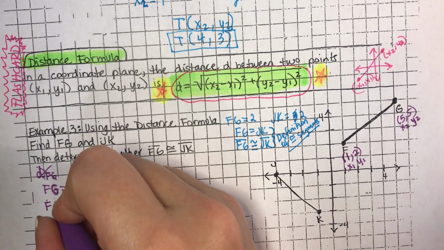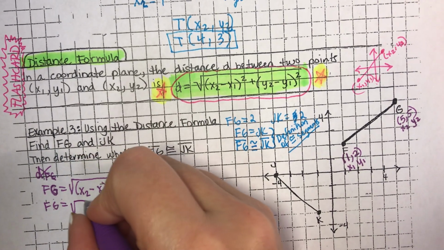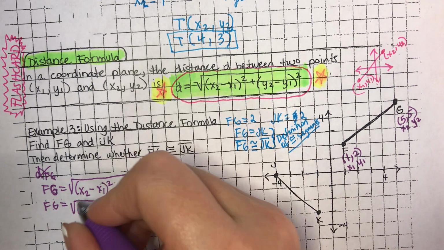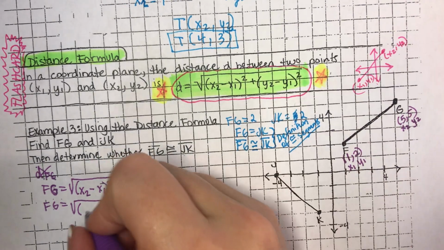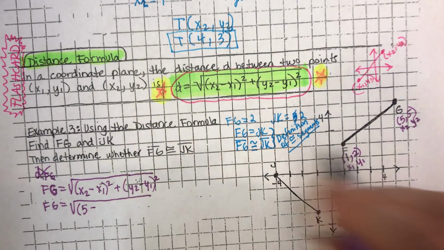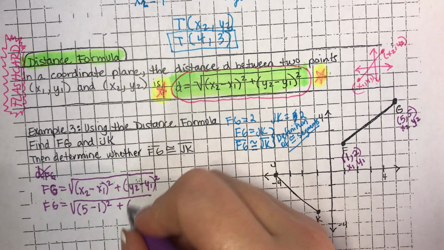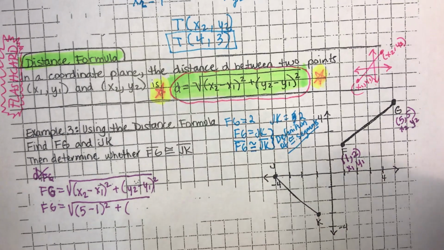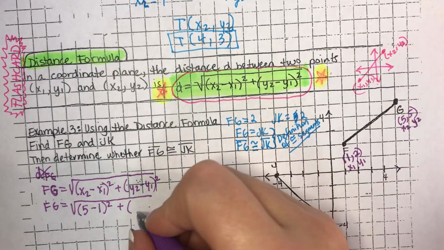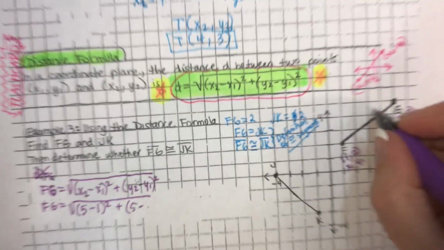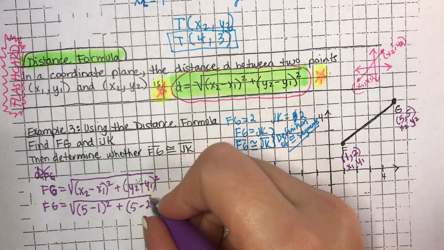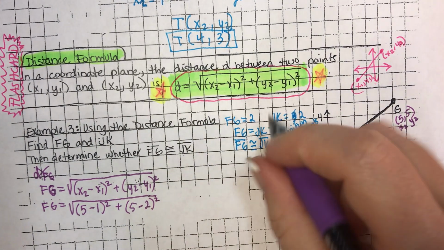So we have FG is equal to the square root of, parenthesis, x2 is 5, minus x1 is 1, and all of that is squared, plus, sorry about that, y2 is 5, minus y1 is 2, and then we square that.